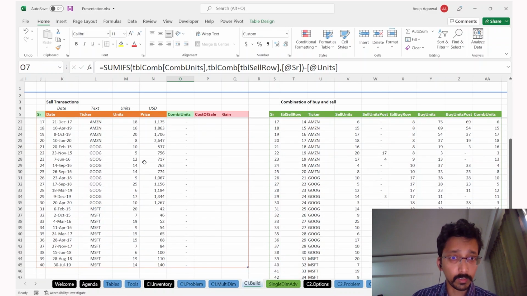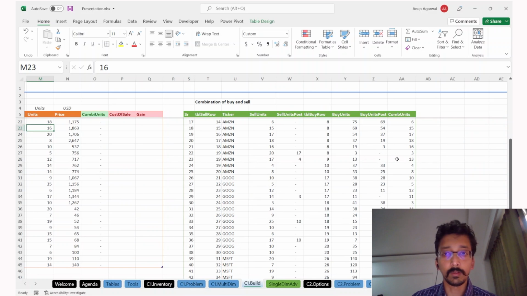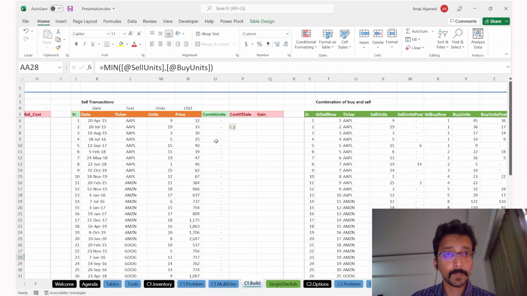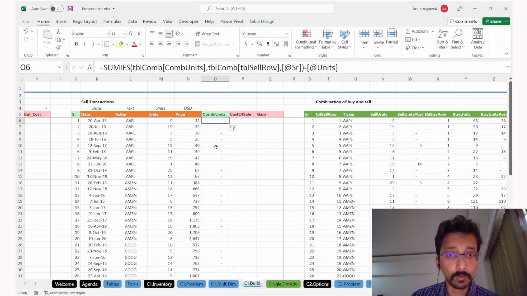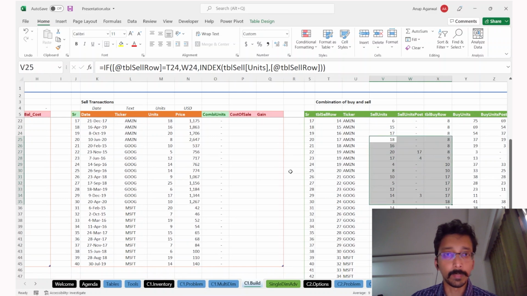If it is all 0, it really means that this 16 has somewhere been allocated over here in this combination unit, and so this 16 sale has been mapped to some purchases. So if all of these are 0, this really means we have done our job right.